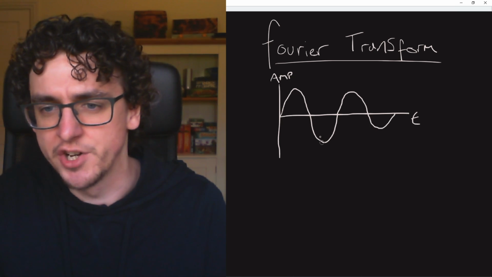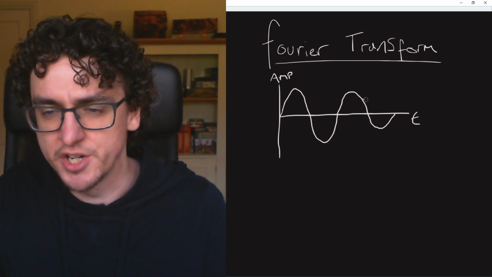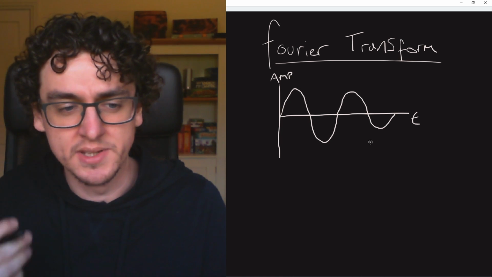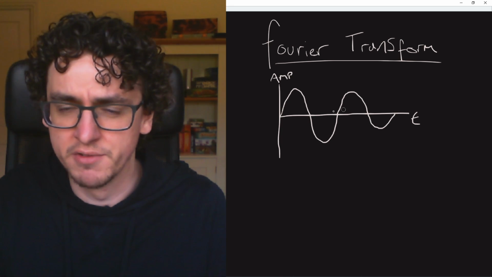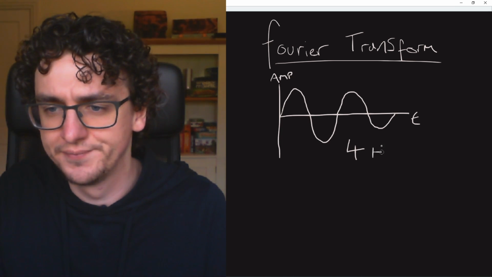It's a change in pressure over time. And this specific change of pressure, when we perceive it, we perceive a certain tone. So for example, this might be a 4 Hertz tone.